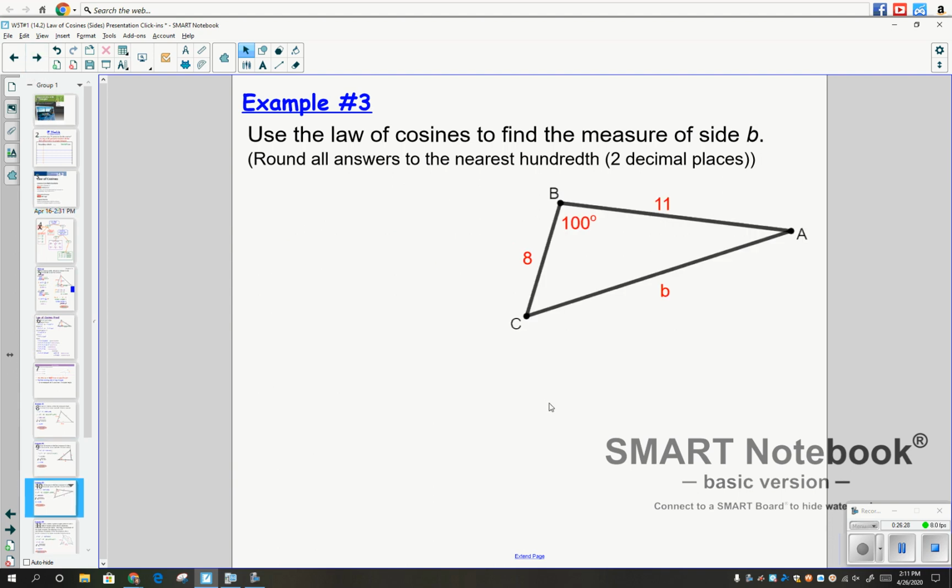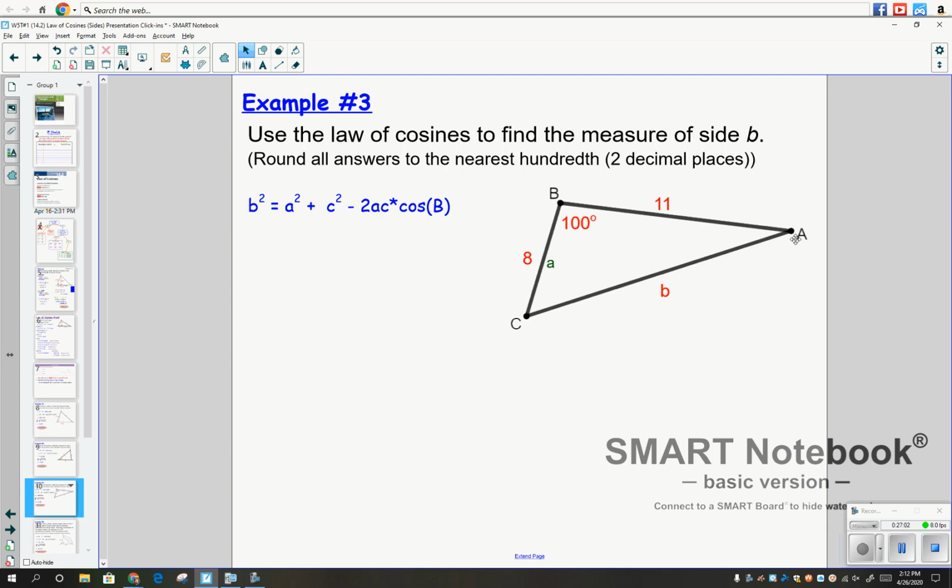Example number 3. Use the law of cosines to find the measure of side B. So which formula do I need to use? B squared equals A squared plus C squared minus 2AC times cosine of B. Because I'm solving for side B, I want the formula that's got the B by itself on one side. So B squared. Let's label the sides so I know which numbers to put in.